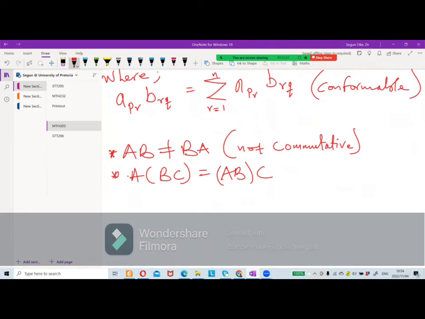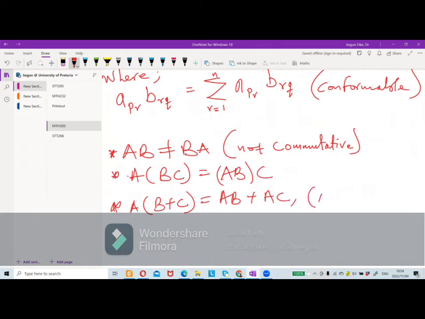And the distributive law also holds. The distributive law holds when you have A times B plus C equals AB plus AC.